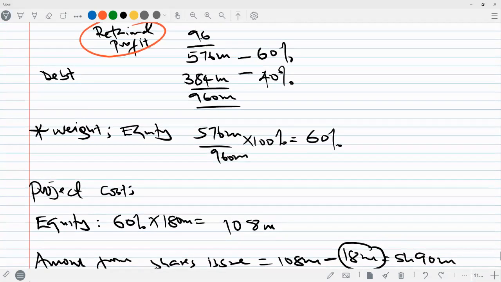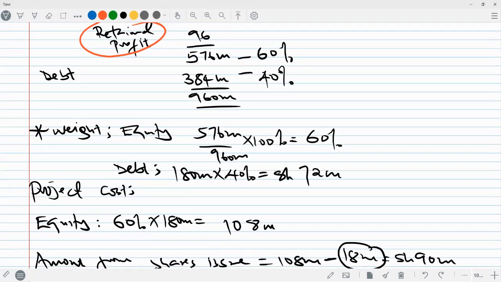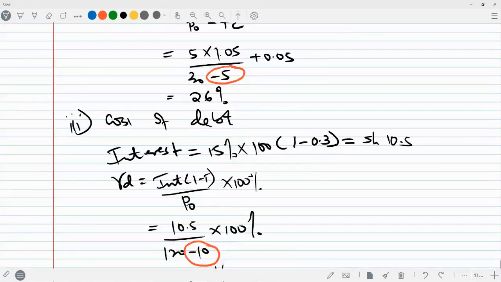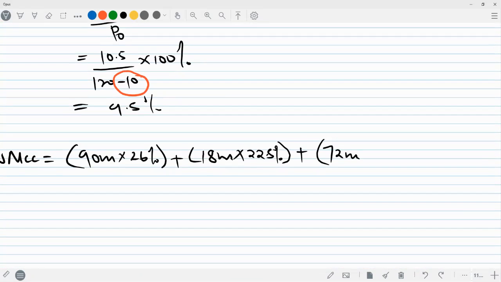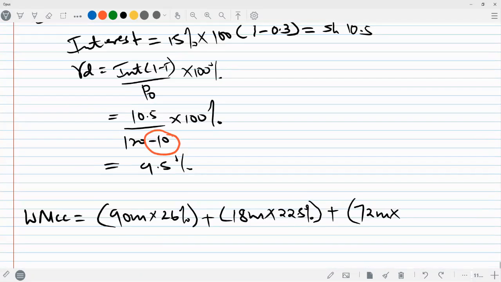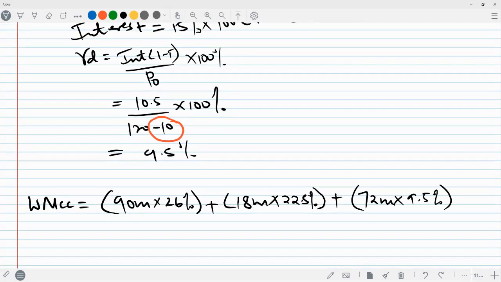Here, I think you can do debt, which is the balance. It's 180 million times 40%, with the balance being 180 minus 108, which is 22 million. So 22 million came from debt, therefore 22 million times the cost of debt, which is 9.5, divided by the total amount the company needs to raise, which is 180 million.